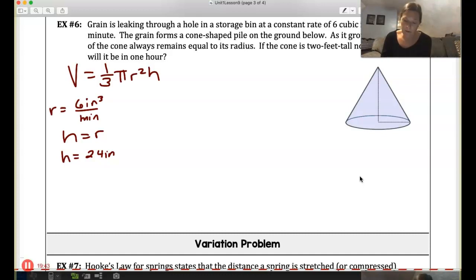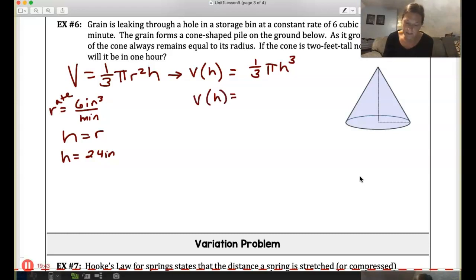Okay, so let's go ahead and convert this to be a function of h, since we want to find height, though height and radius are the same. And this is rate, not radius. That might get confusing. So our function in terms of just height gets us 1/3 pi height cubed. And we were told that our height is 24 inches.